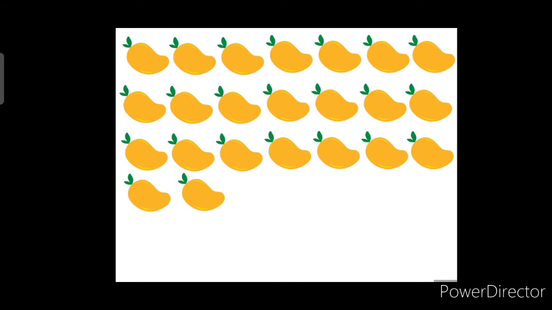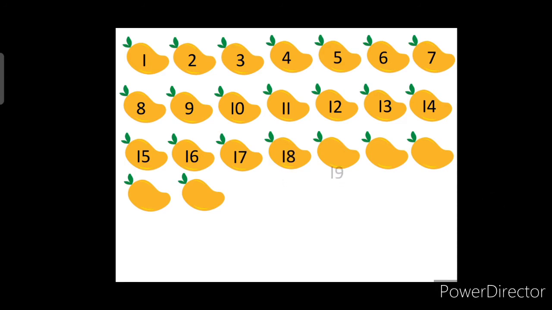Now children, count how many mangoes are there. 1, 2, 3, up to 20, 21, 22, 23.